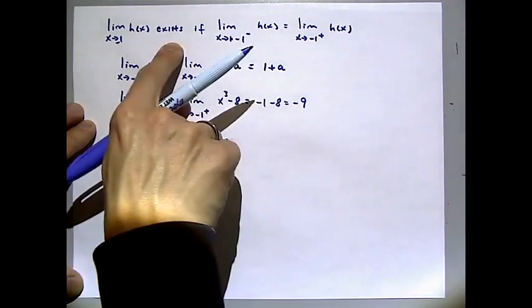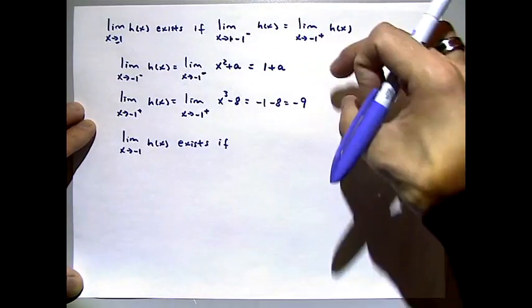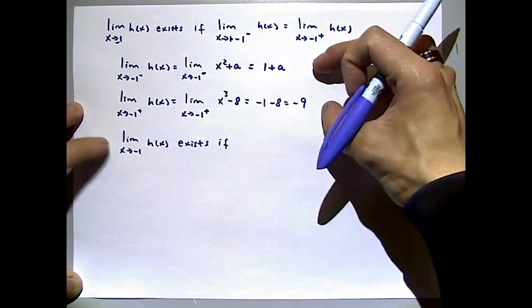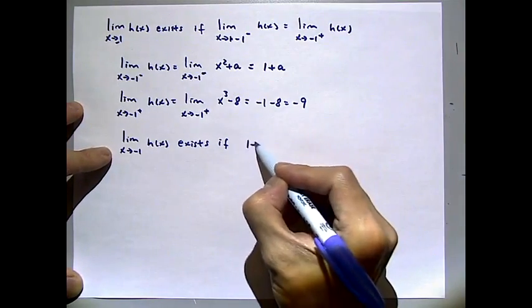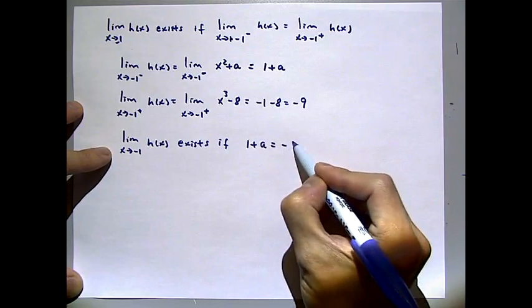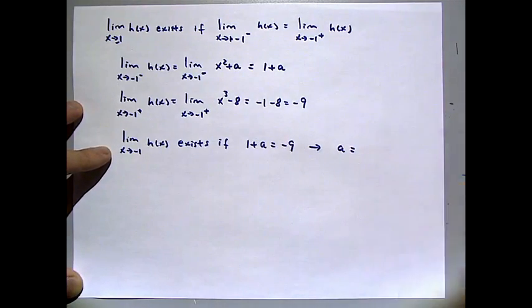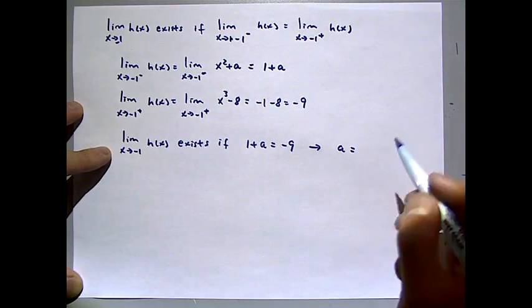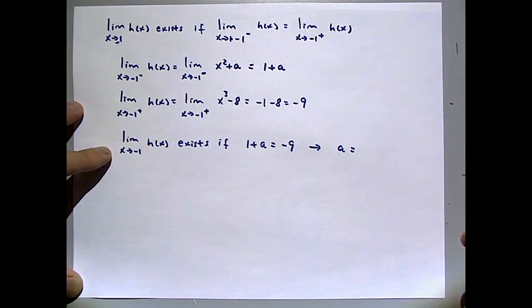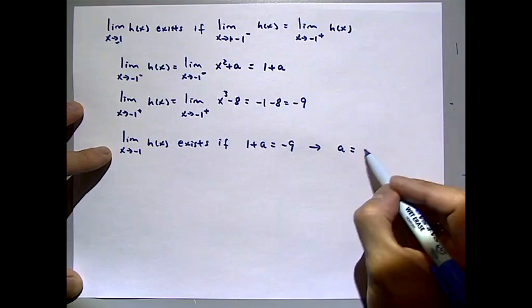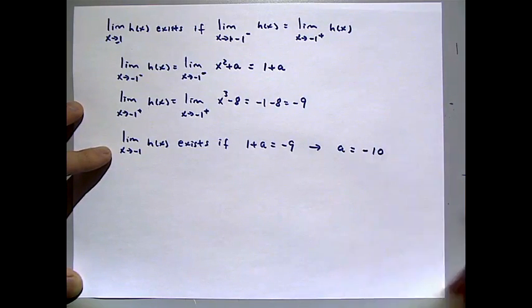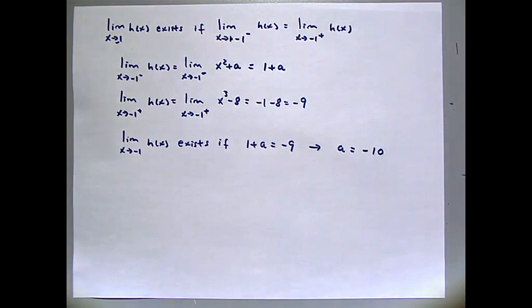So the limit is going to exist if these two are equal. We found out what they are. Now we make them equal. So this tells me a is equal to minus 10, right? All right, so this makes sure the second condition is met.